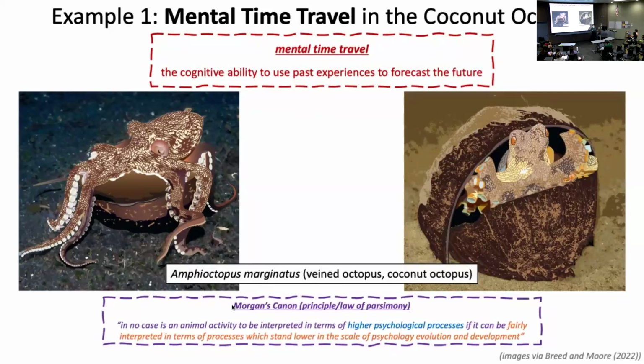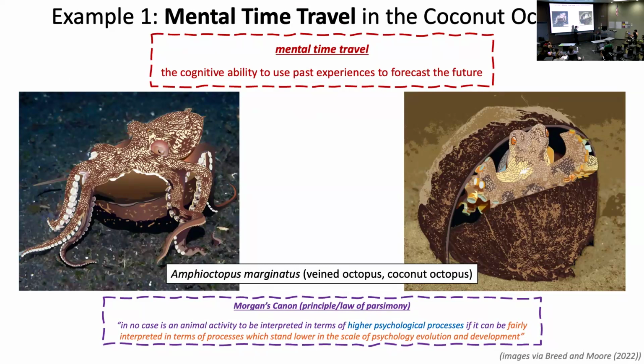There are certain terms that cognitive scientists will often use, or comparative behaviorists will use when describing behaviors that we see. And one of them is mental time travel. Mental time travel is a term that you hear people talking about when an animal is able to predict and forecast into the future.